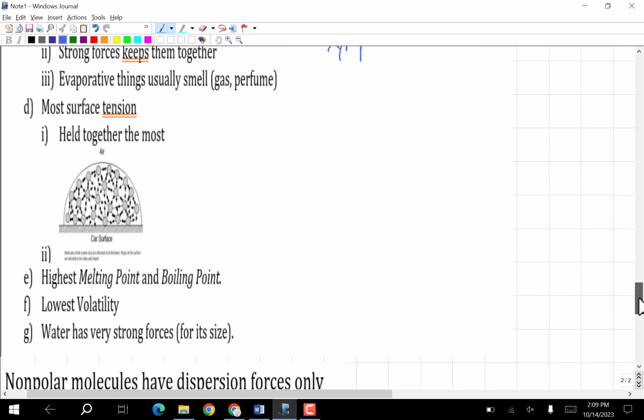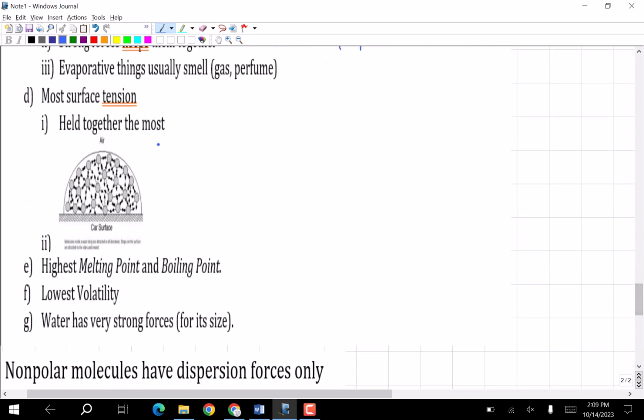The stronger forces have the most surface tension, held together the most. That means it beads up the most. So this would have a high surface tension, this right here. If I were to draw one with a low surface tension, it would look like this with all of those little circles in there. Okay. Stronger forces would have the higher melting and boiling point.